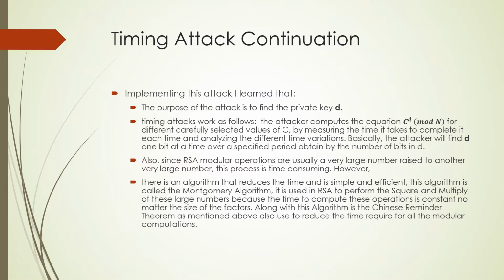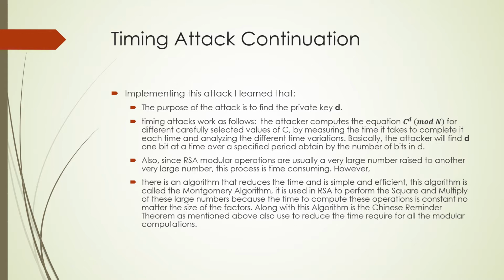Also, I learned that since RSA modular operations are usually a very large number raised to another very large number, this process is time consuming. And I learned that there were two algorithms that you could implement to do these modular operations in a more simple and efficient way. One of those algorithms is the Montgomery algorithm.